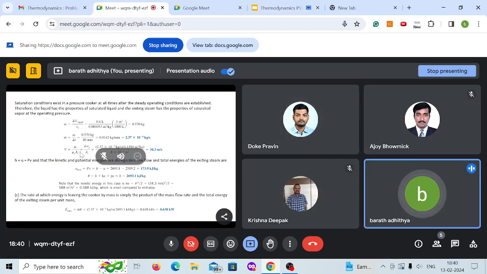Yeah. So initially you assume that the cooker is filled with water. You filled it initially with 4 liter of water, and you have lost 0.6 liters.